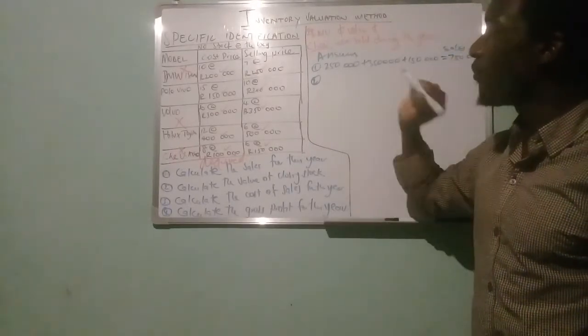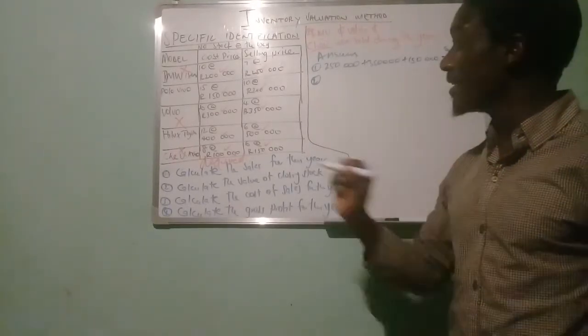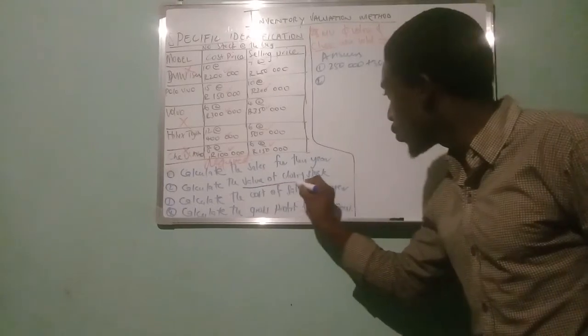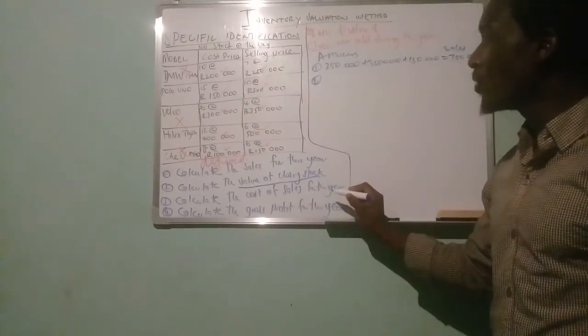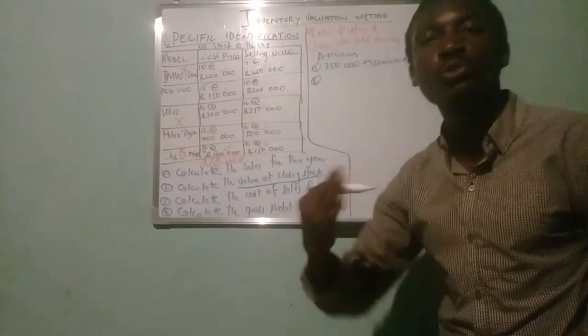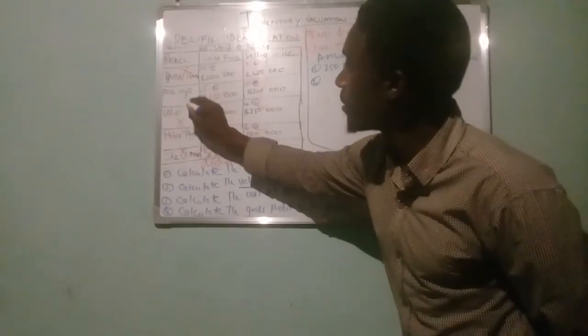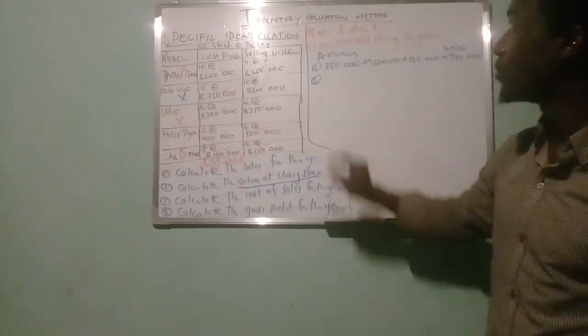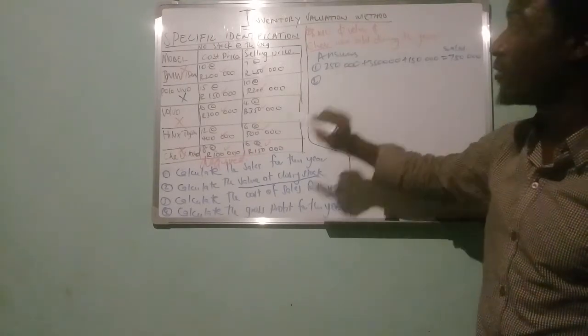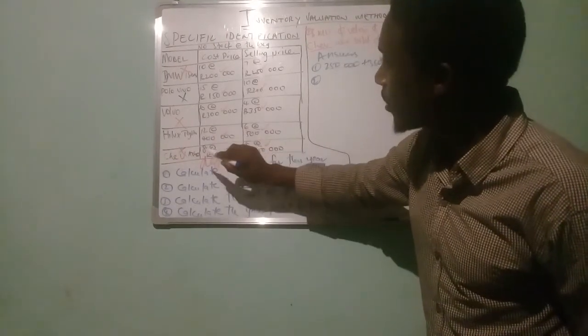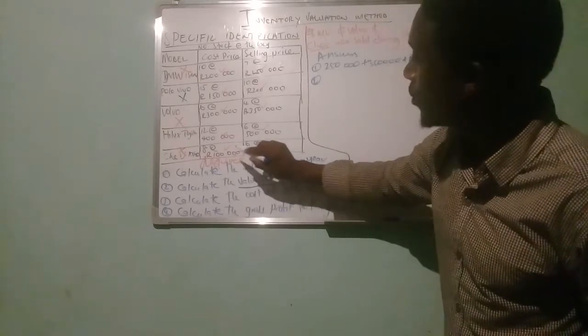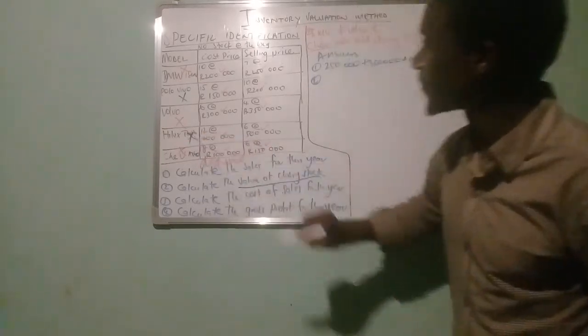Number two, you'll be required to calculate the value of closing stock. Very important. Their main focus is on the units which were not sold. So we go and look at those units. The Polo was not sold, because we are told the BMW, Volvo, and the Chevrolet were sold, and the other one which was not sold is the Hilux.